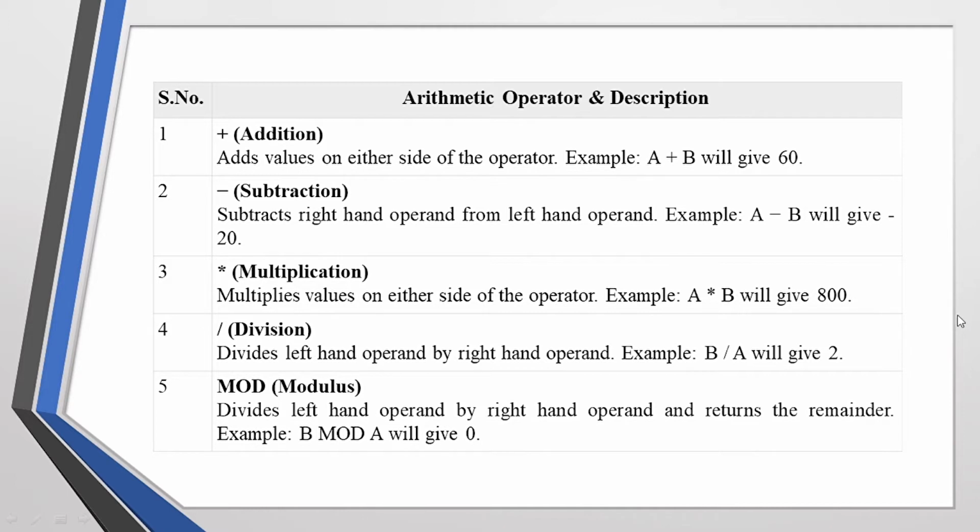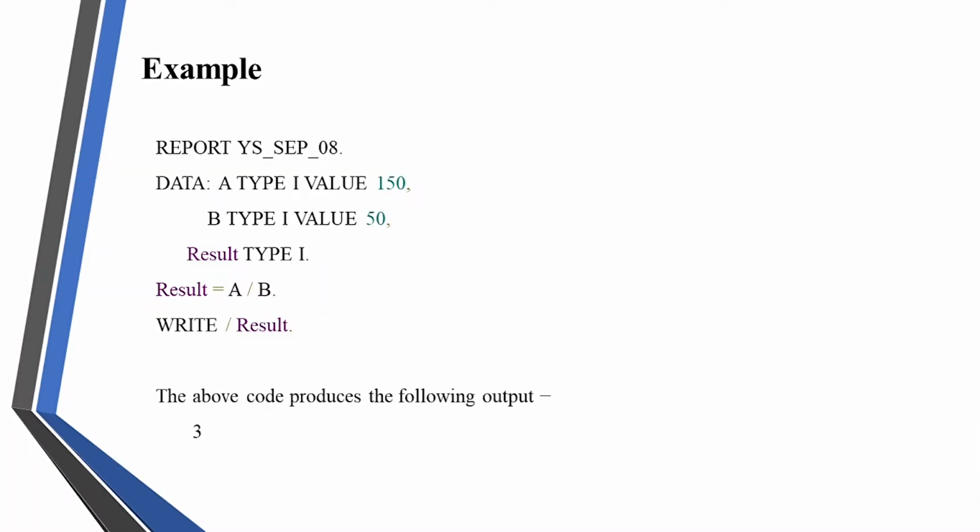What is the remainder when I divide 25 by 3? 1, right? So 8 is the quotient and 1 is the remainder. To capture that remainder value, we use mod. When you use a mod b, that will give you the remainder value.